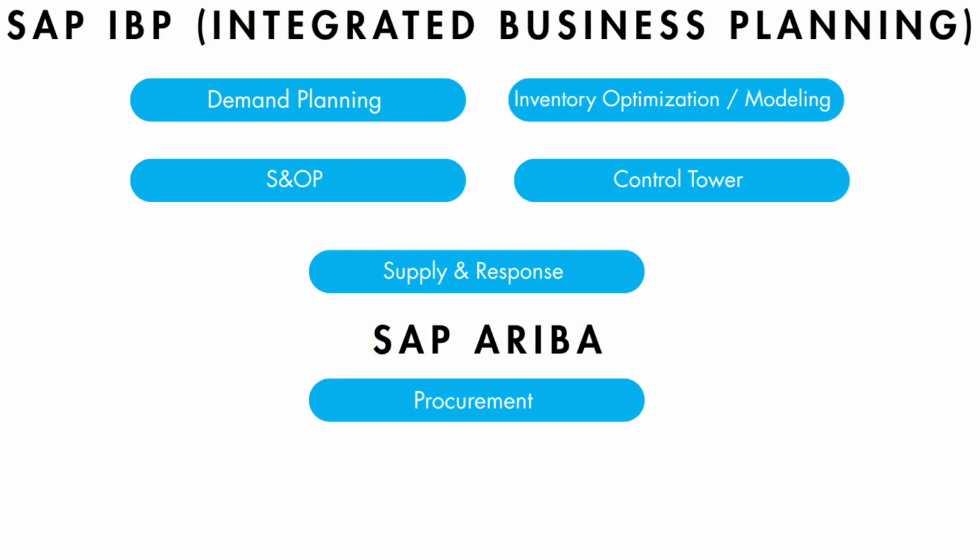It has a control tower, which does the collaboration outside of IBP, so within the network, collaborating with your suppliers and your transportation providers, doing analytics layers. It has pre-built KPIs for the SCOR model, if people are aware of SCOR, and it has collaboration capability within the whole system. And the last part, which I would say is a lot more of the optimization capability, is a layer called supply and response.